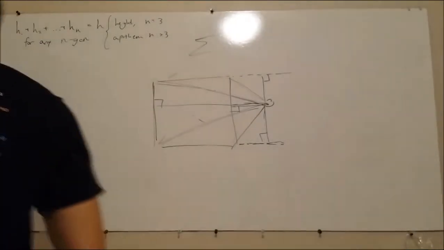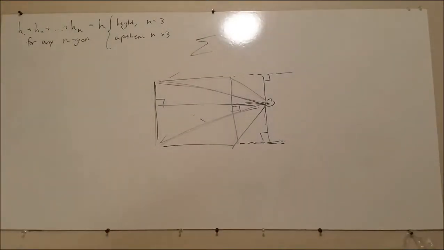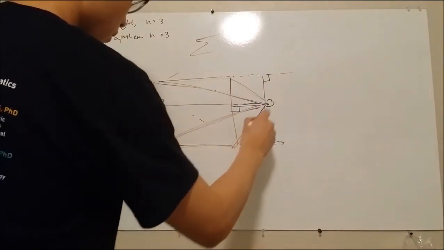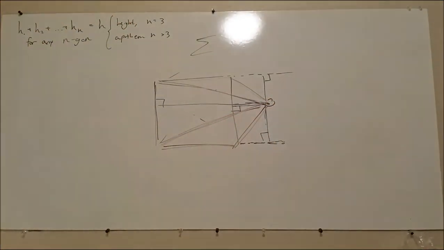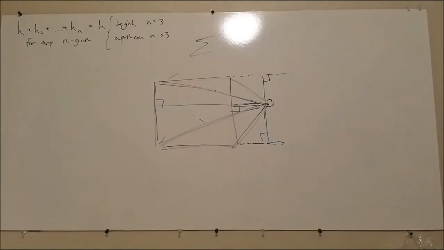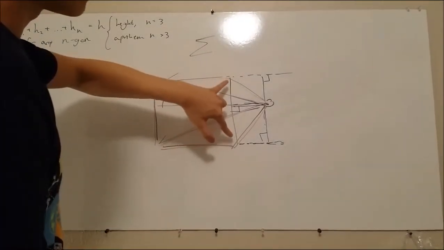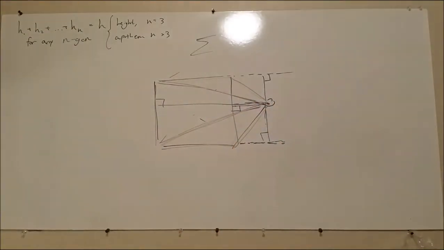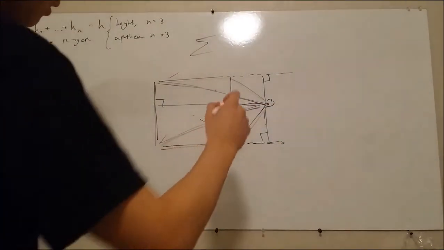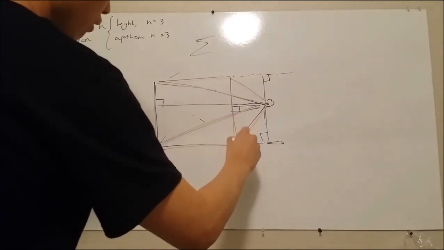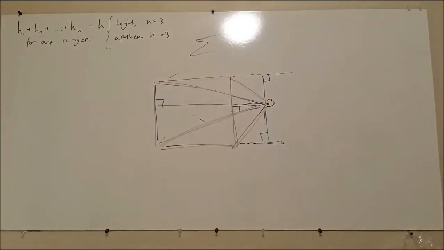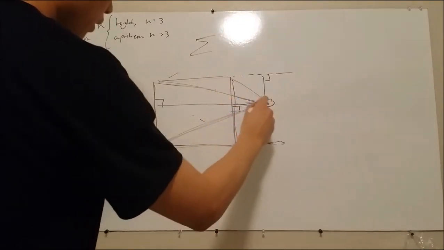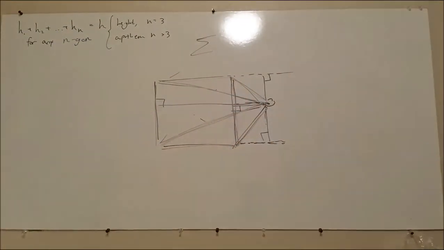And we have our third triangle right over here. Where's our fourth triangle? Our fourth triangle should consist of this edge and the 2 lines going to the endpoints of that edge. So, yes, the fourth triangle is right here. That's our fourth triangle.